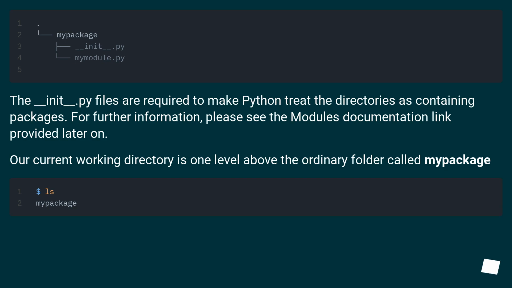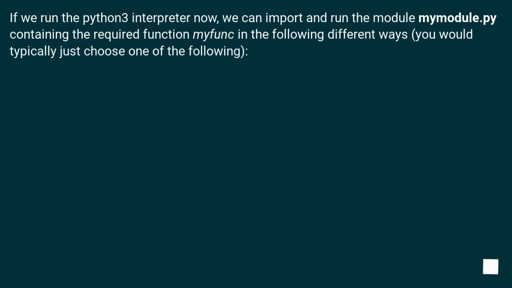Our current working directory is one level above the ordinary folder called mypackage. If we run the Python 3 interpreter now, we can import and run the module mymodule.py containing the required function myfunc in the following different ways.